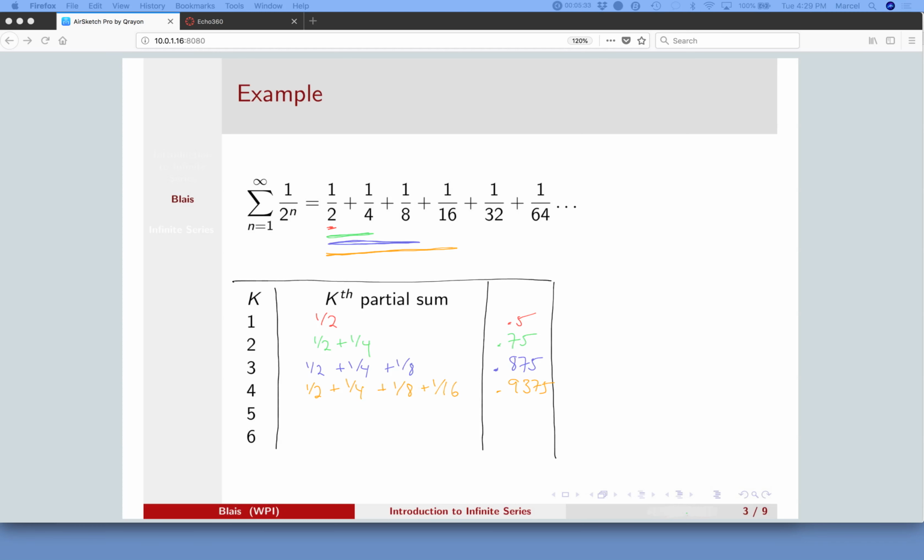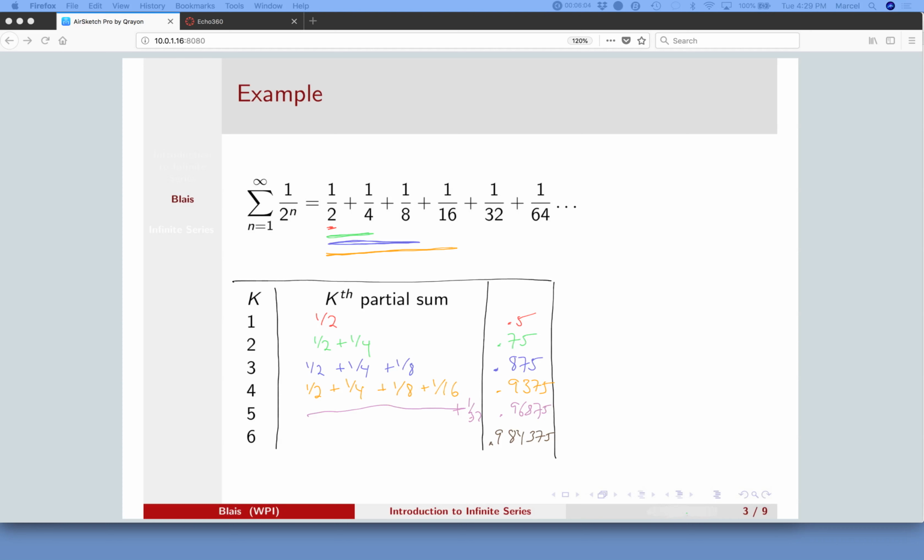And if we go one further, our fifth partial sum, so you get the idea, all these terms, but then we add 1 over 32, that is 0.96875. And if we were to do the sixth partial sum, that would be 0.984375.